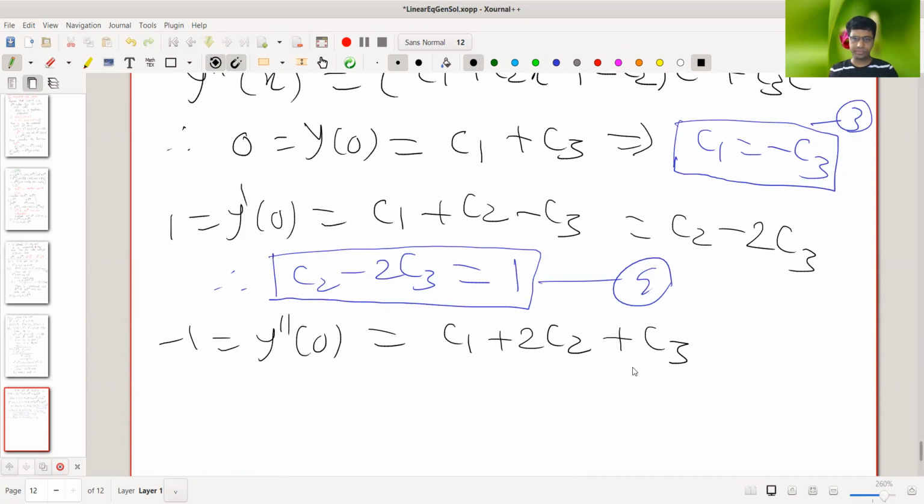Now C1 is minus C3, so C1 plus C3 is 0. Therefore this is simply 2C2. This gives the value of C2 as C2 equal to minus 1 by 2. And this is number 5.